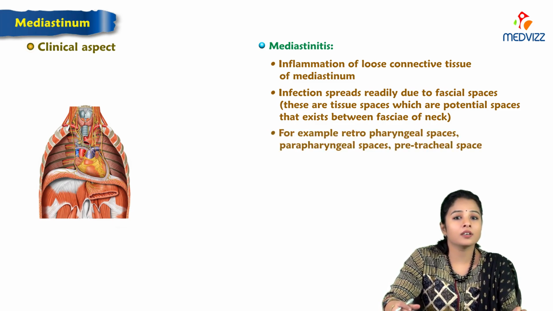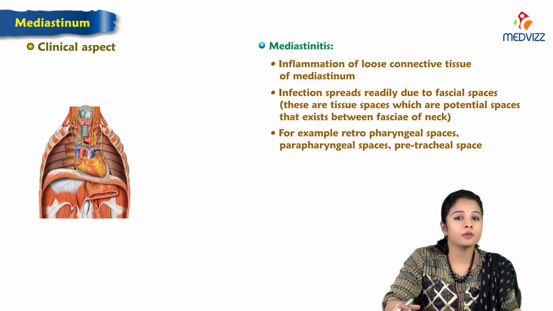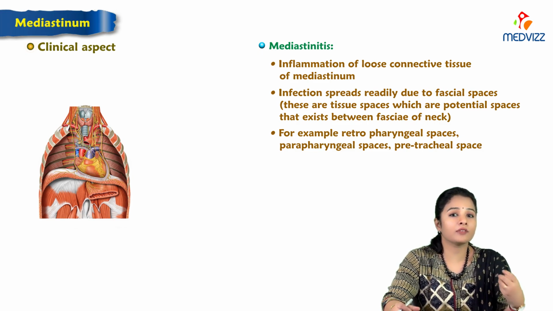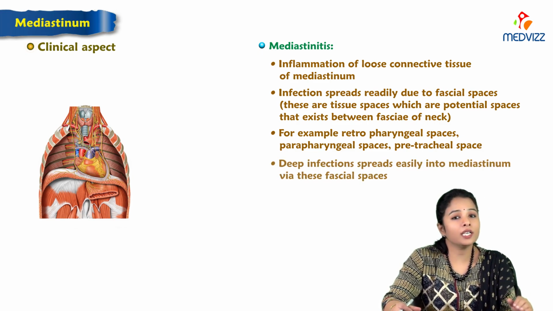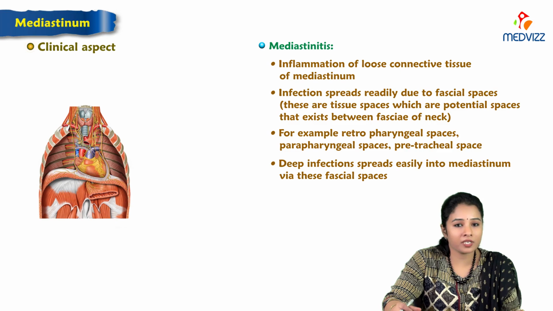For example, we know retropharyngeal space, parapharyngeal space, pretracheal space. These are potential fascial spaces where infection can infiltrate very easily. So, deep infections spread easily into the mediastinum via these potential fascial spaces.